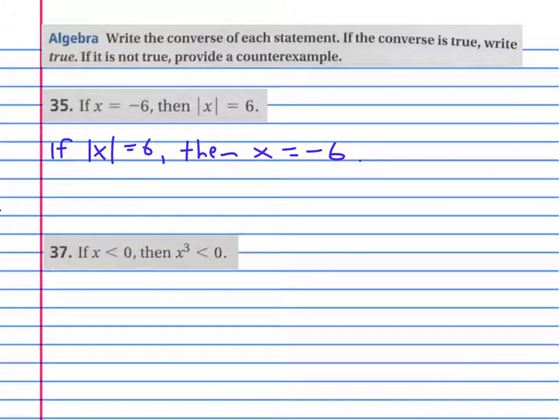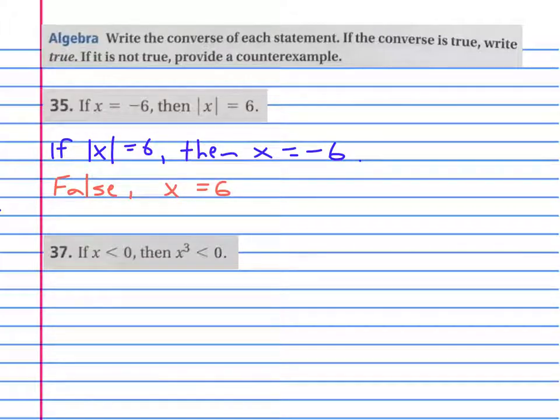Well, no, that is false because x equals 6 also has an absolute value of 6, right? Both 6 and -6 result in 6 when you take their absolute value. So the converse of that is false.